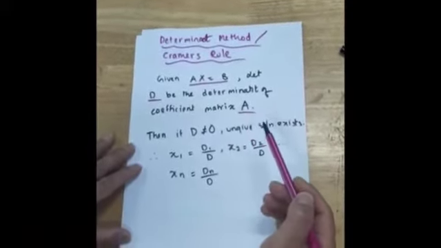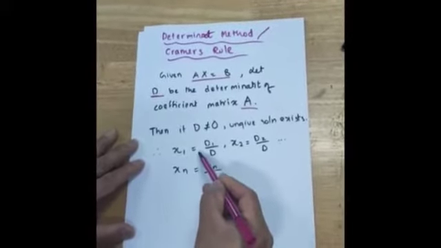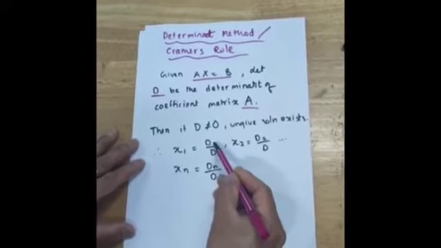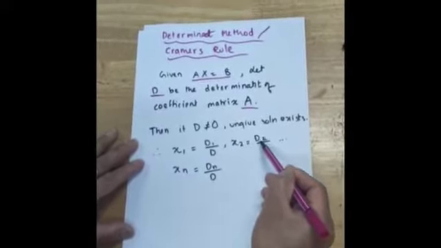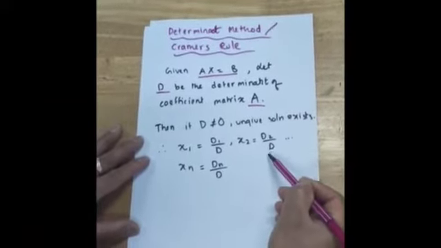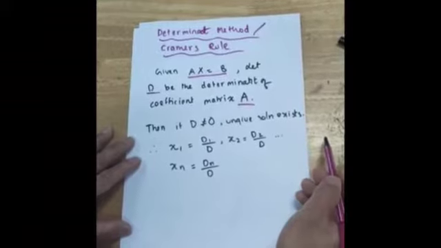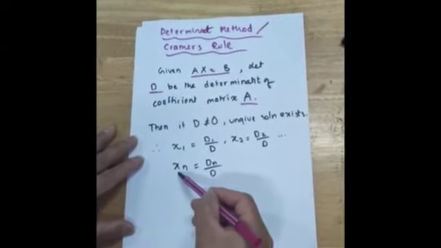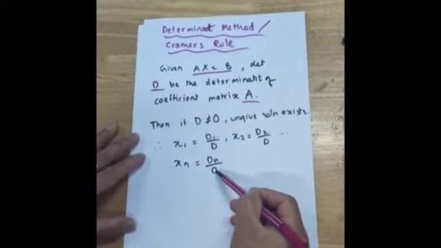Like x1 can be obtained by using the formula d1 divided by d. x2 can be obtained by d2 divided by d, and you keep calculating till you obtain the last value xn, which is equal to dn divided by d.